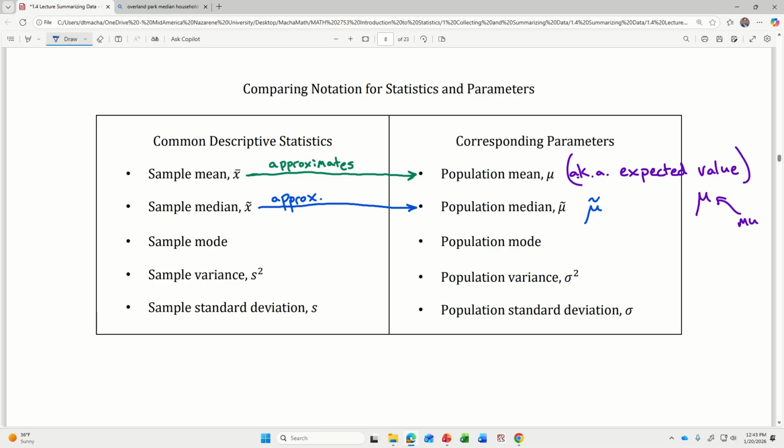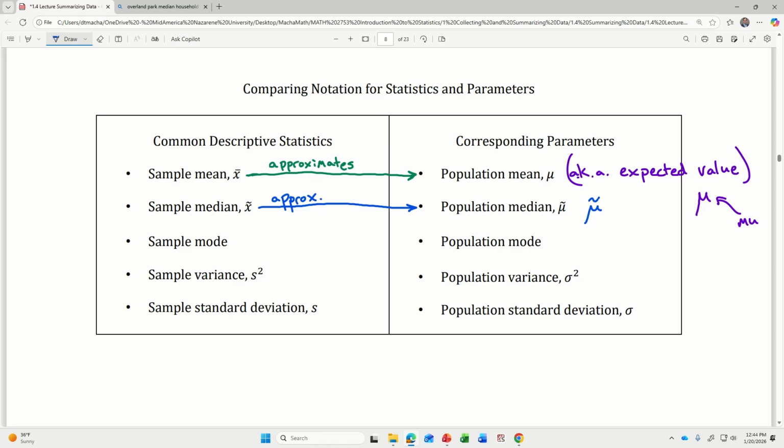And this is the strangest thing, because even though population mode is a real thing that exists, like the most likely outcome from a probability distribution is called the population mode, and the way you would estimate this for a discrete distribution is with the sample mode, I've looked in a bunch of different textbooks and nobody actually uses any kind of symbols for this.